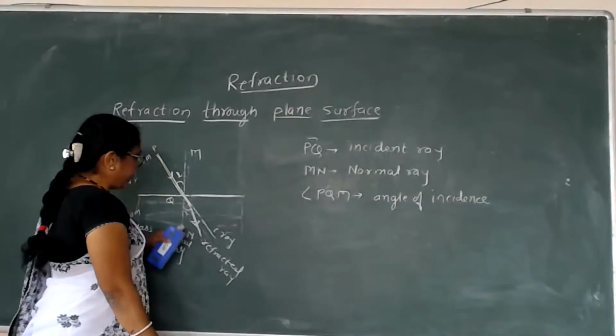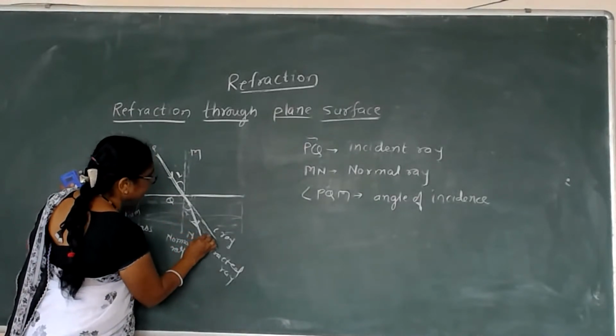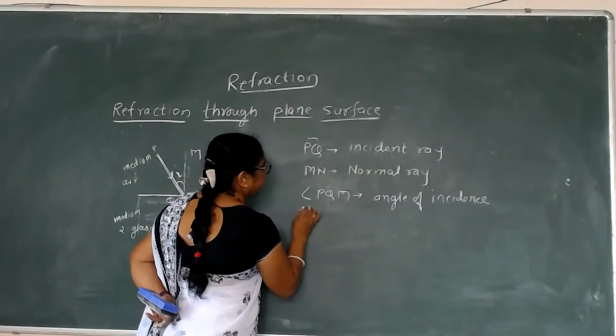Let us see the second part. QR is known as the refracted ray.